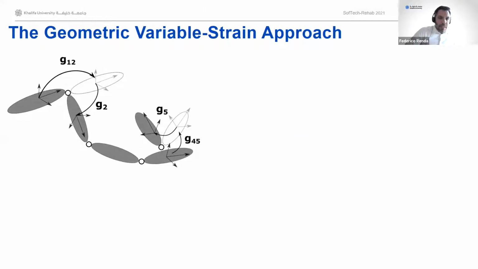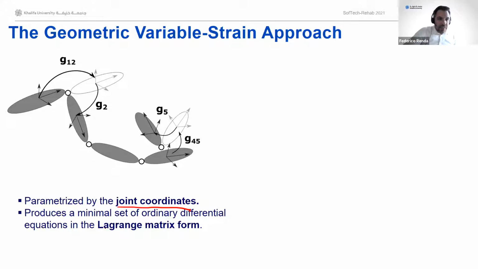Okay, so in a nutshell, what is this geometric variable strain approach that we have implemented in the toolbox? All of us are familiar with the standard rigid body modeling of traditional rigid robots. We used to parameterize it using the joint coordinates, and this produces a minimal set of ordinary differential equations in the standard Lagrangian form that we all like and enjoy.